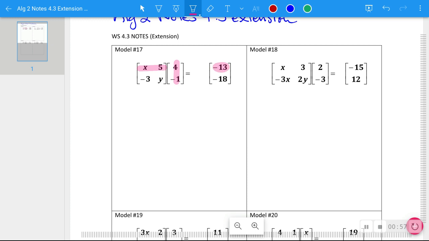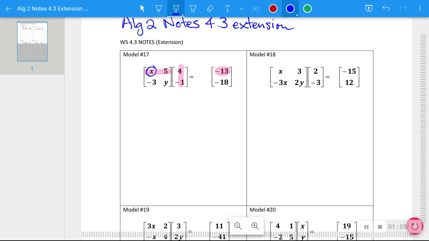So now what you do is you multiply these in the order that they're presented from left to right in the case of the row, x and top to bottom on the column, so x times 4. And then the next one you move over, 5 times negative 1, and that will equal the corresponding row and column on the other side.